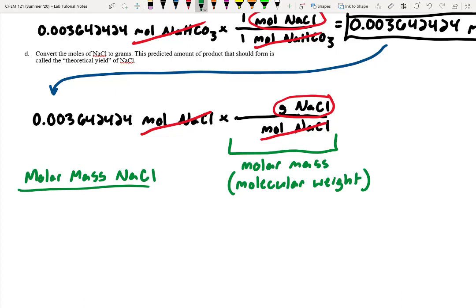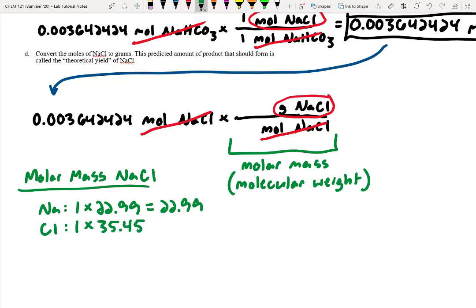When I look at this, I've got sodium, and specifically I have one sodium atom. That one sodium atom is 22.99, which means the mass is just going to be 22.99 here. And then I've got chlorine. Again, I just have one of them. And that one chlorine atom has a mass of 35.45. So we can add these together.